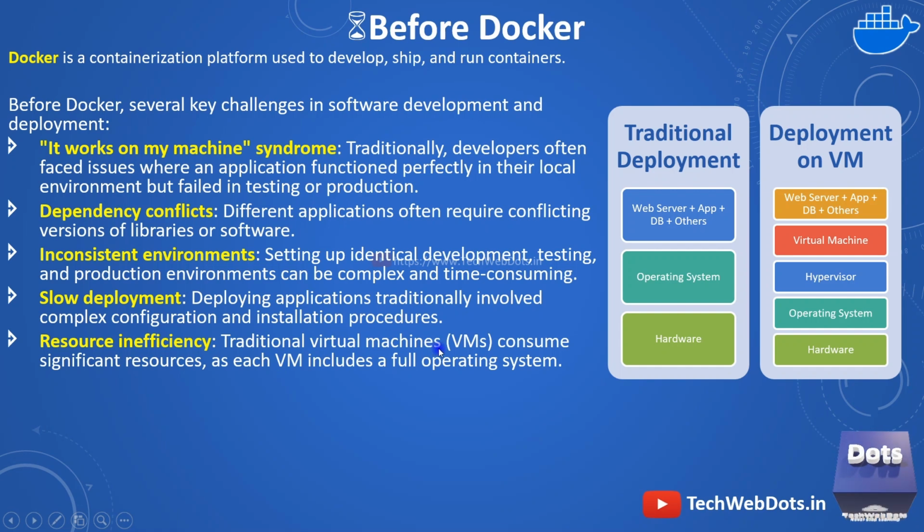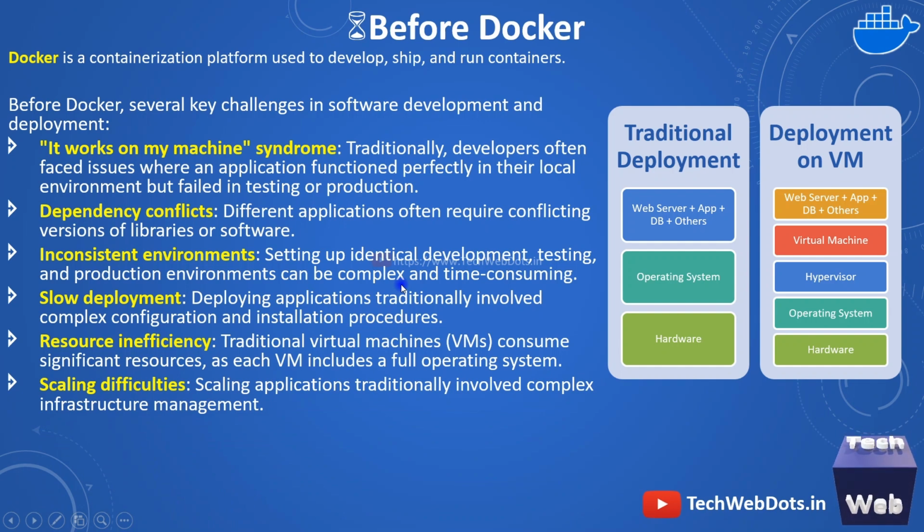Whether it is traditional deployment or deployment on VMs, traditional virtual machines consume significant resources as each VM includes a full operating system. Whenever you run a virtual machine on a big machine using a hypervisor, you have to install the required operating system on top of it, and only then can you run your application, so there is resource inefficiency with that approach.